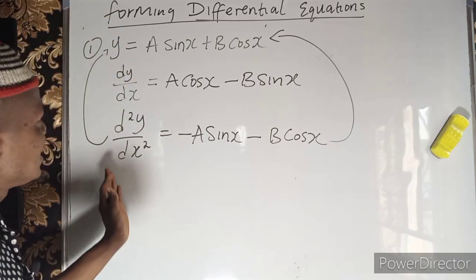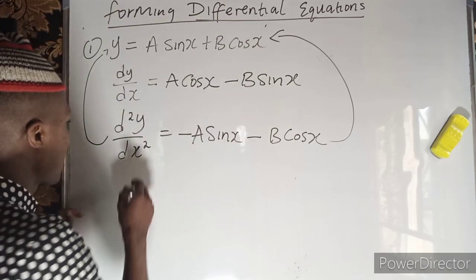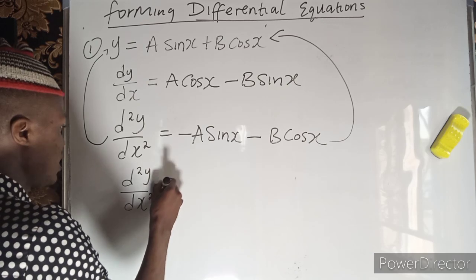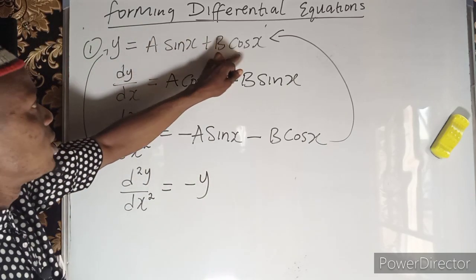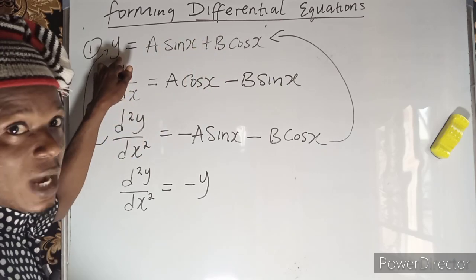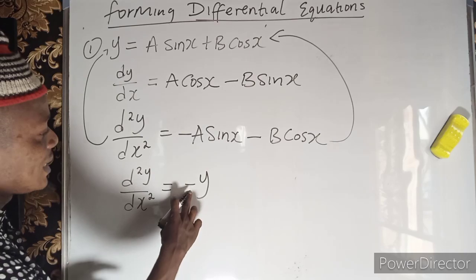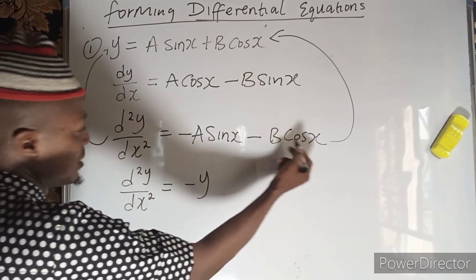The difference is that the negative of this one will give us this one. Therefore, you are not wrong if you write that d squared y over dx squared is the same as negative y, because this function as a whole is giving us a y. Hence, you can say that d squared y over dx squared is negative y, because when I multiply y by -1, I will get this thing back.